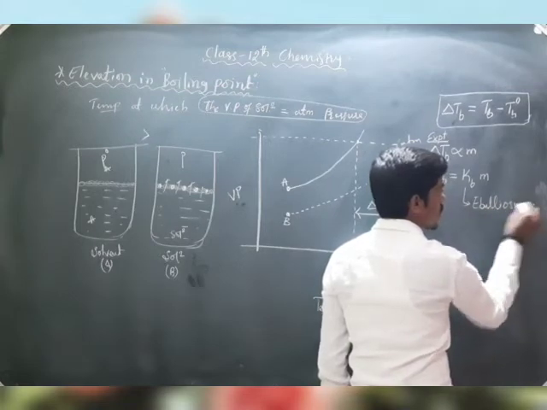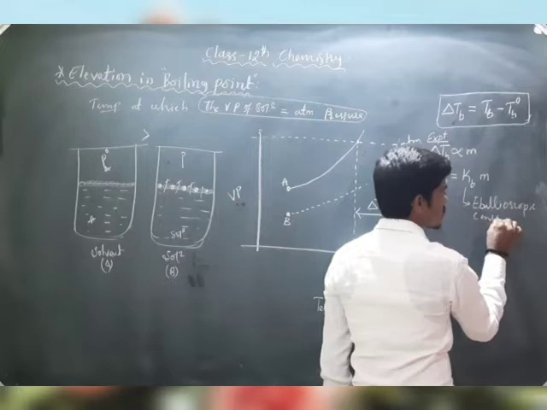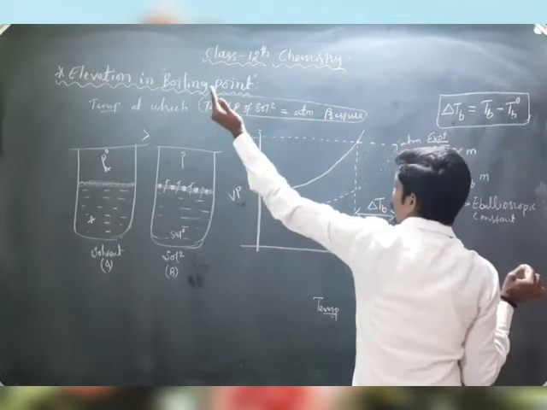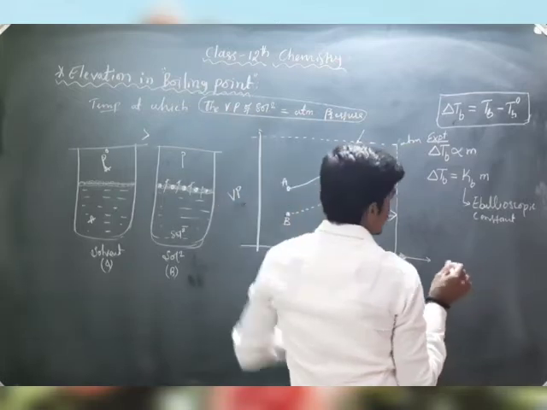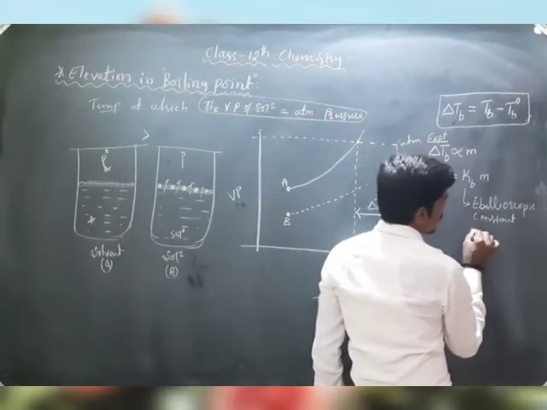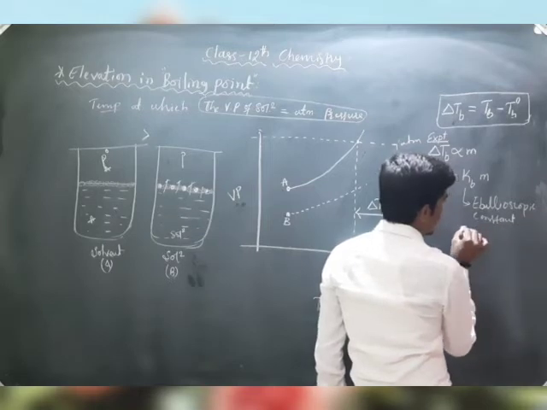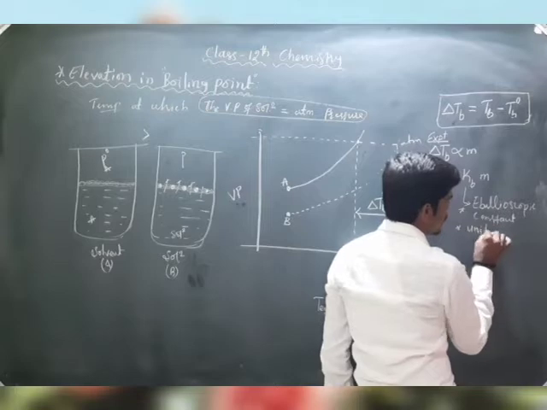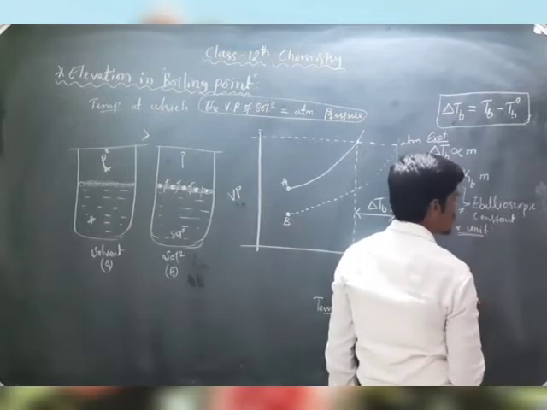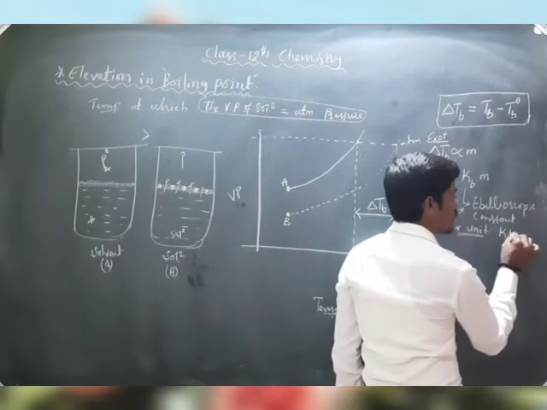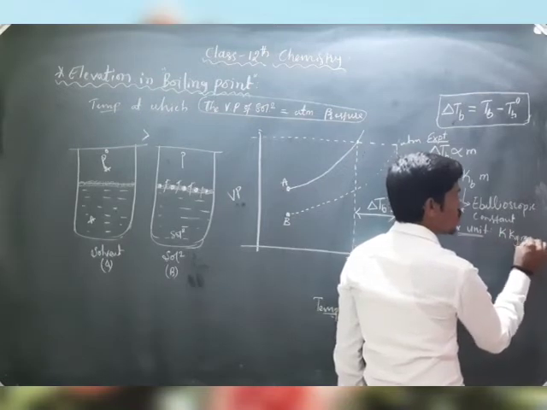Ebullioscopic constant, or it is also known as the molar boiling point constant. Its unit is important. Its unit is Kelvin kg per mole.